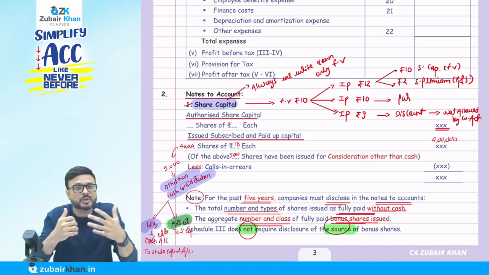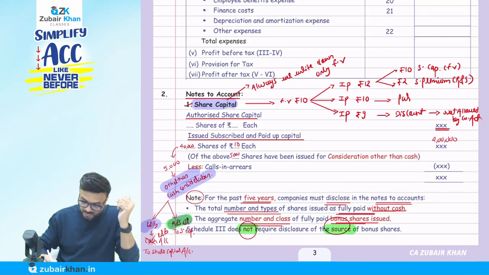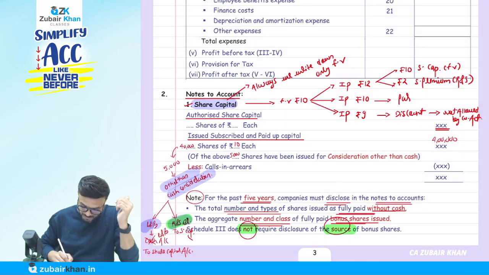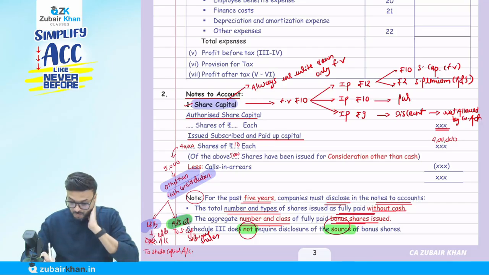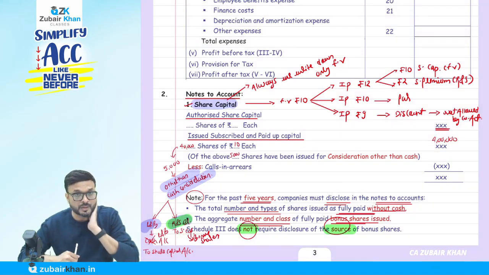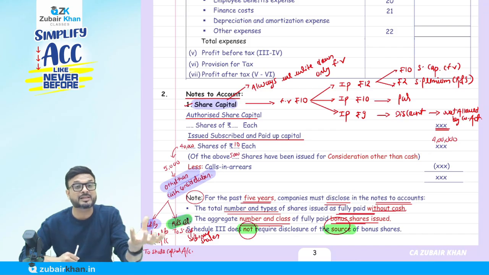What do you mean by source here? Let's take an example. We were discussing the bonus shares. We know that we issue bonus shares, for example 5,000 bonus shares. But there is no need to disclose the source, which means which reserve I have utilized to issue the bonus shares.